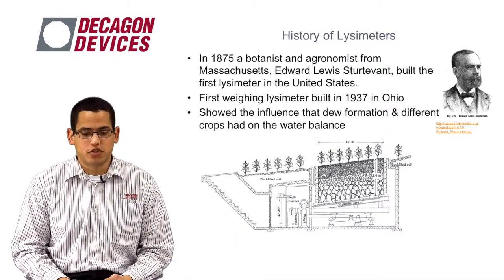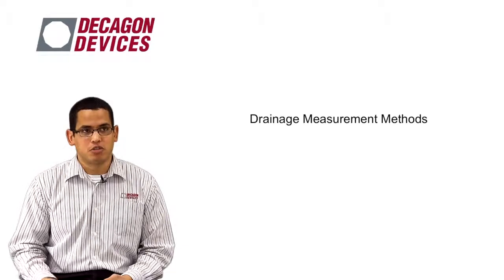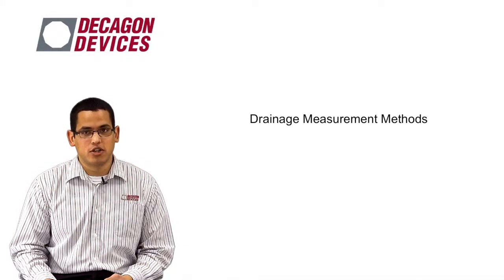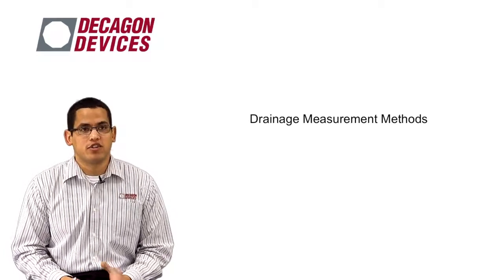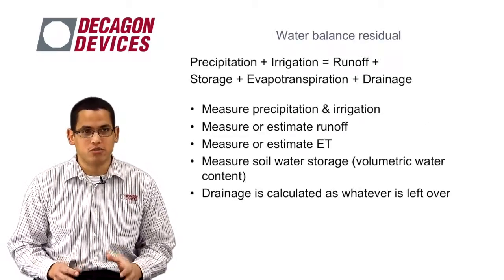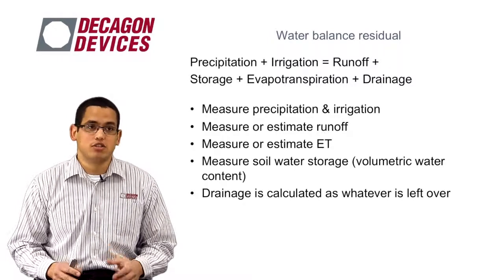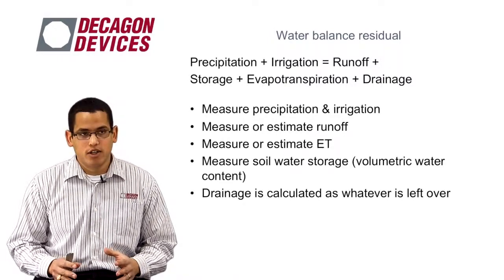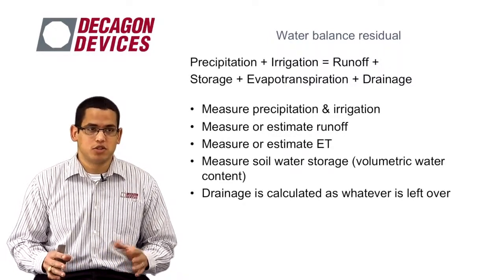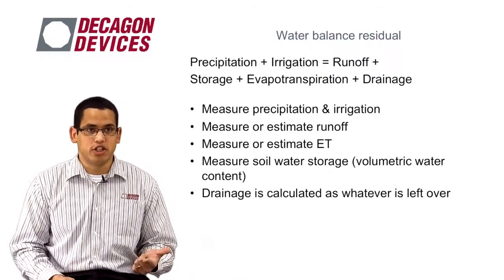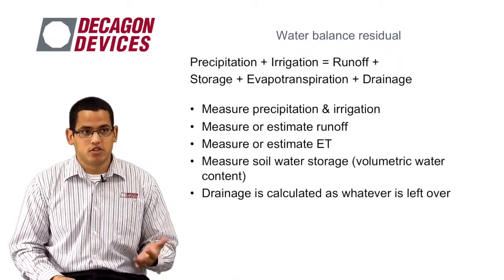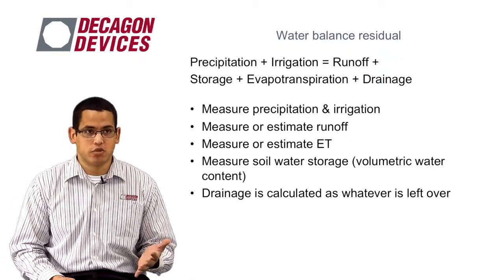So now let's go into some different drainage measurement methods. We'll start with the most basic measurement methods and go into the more complex methods. One of the first methods, and this is actually not a direct measurement of deep drainage, is the water balance residual. Essentially, you're measuring every component of the water balance: precipitation, irrigation, runoff, storage, and evapotranspiration.